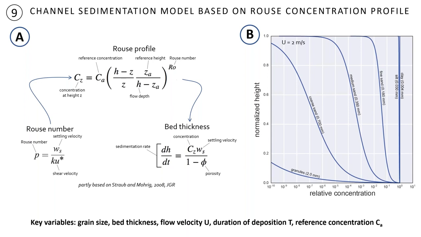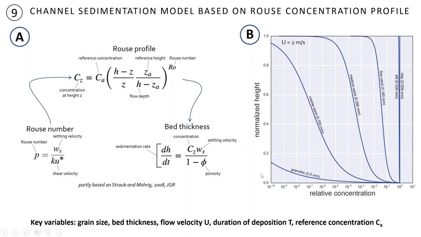The position, in this case the position of 1524, gives us an idea how high the plume can be. And the bed thicknesses are a product of the concentration and settling velocity. So all the parameters that we found, we're now using to model this plume and have an idea of the sediment of the channel.